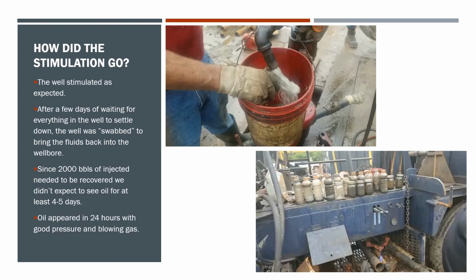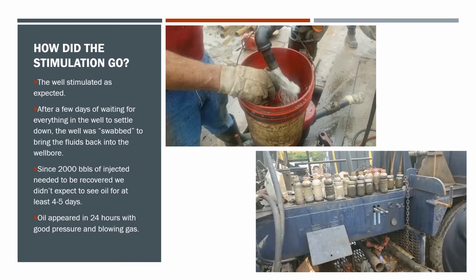So now that you know what we were trying to accomplish with the stimulation, and you could see from the jar on Mr. Pierce's desk that we were already getting oil back, we thought we'd take a look at how the reservoir is responding. It stimulated as expected. It took the fluids, it broke down about how we expected it to break down.